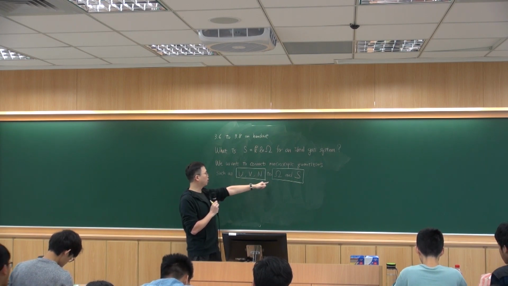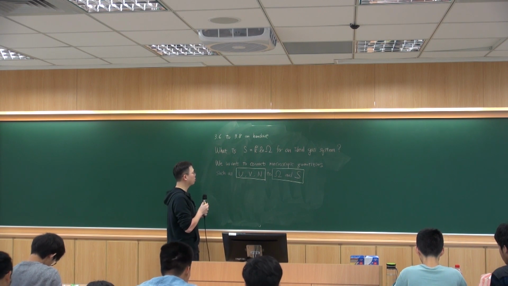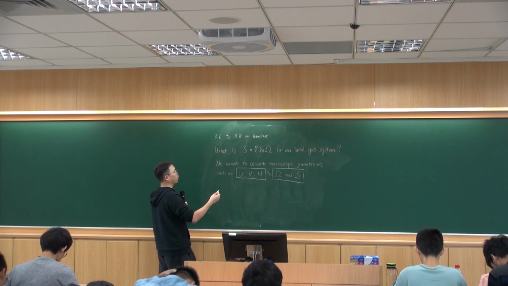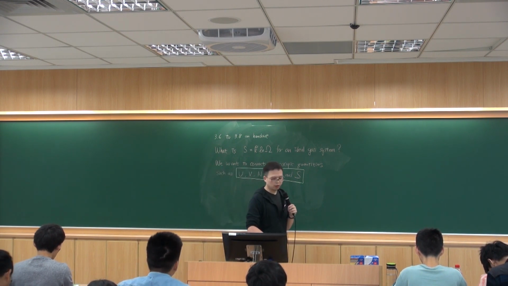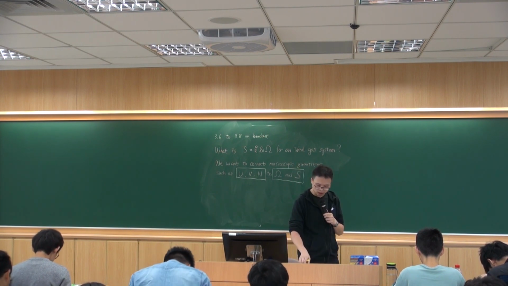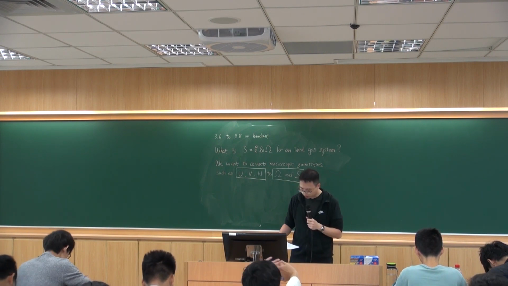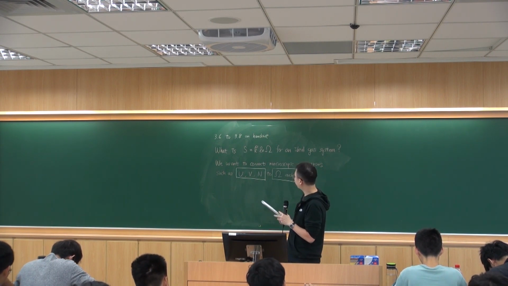So we want to see what's the connection between these and this. For instance, we will go through that for an ideal gas, because this is probably the simplest example that we can do. Therefore, we want to calculate omega.